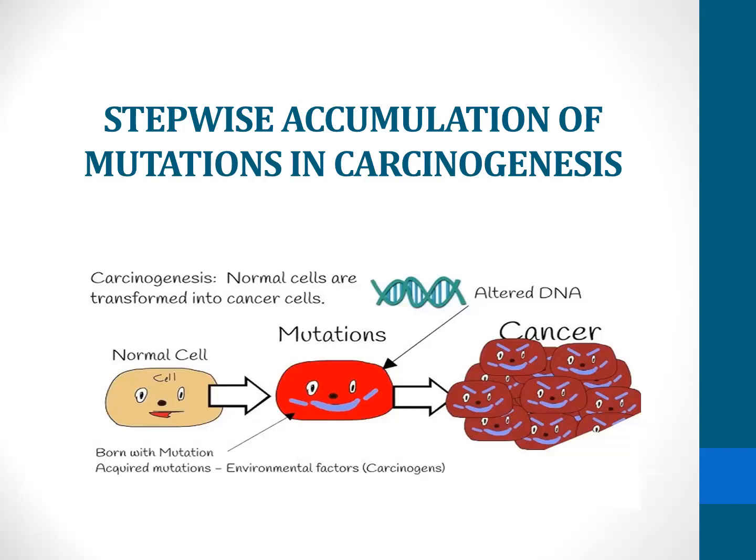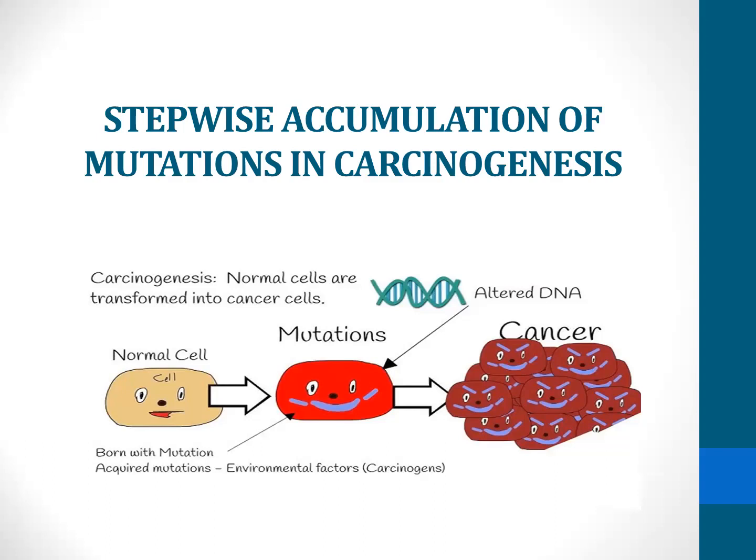Carcinogenesis is the formation of cancer. Formation of cancer or the formation of a tumor is not a single step. It is stepwise accumulation of mutations over a period of time that results in cancer.